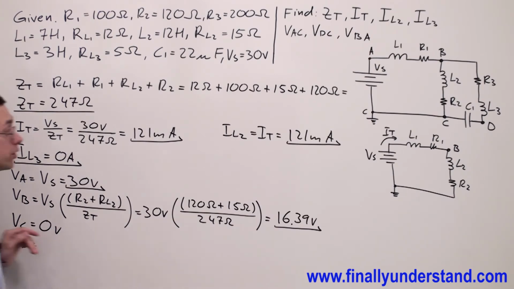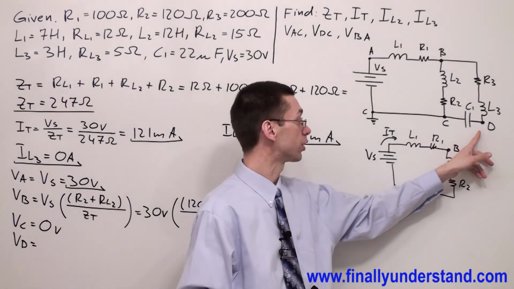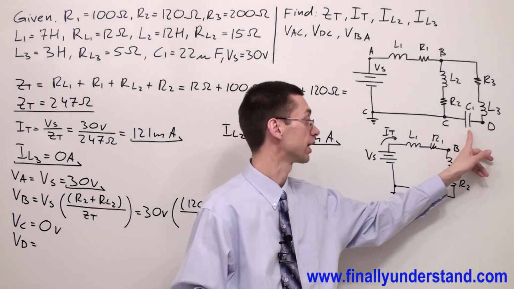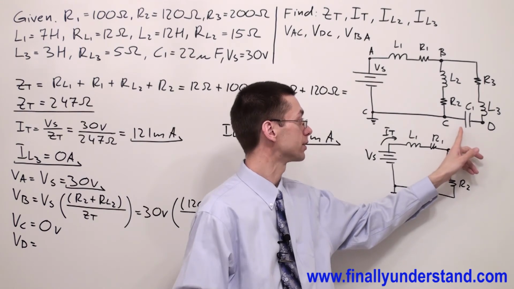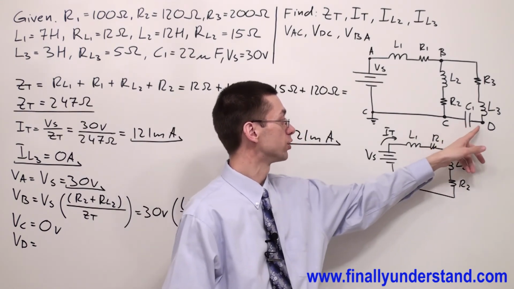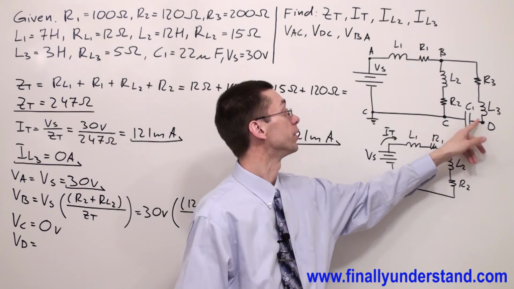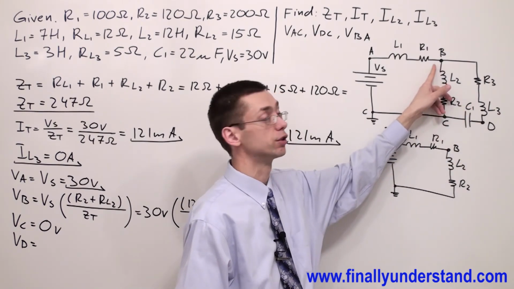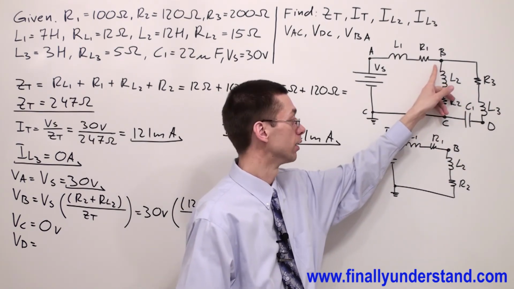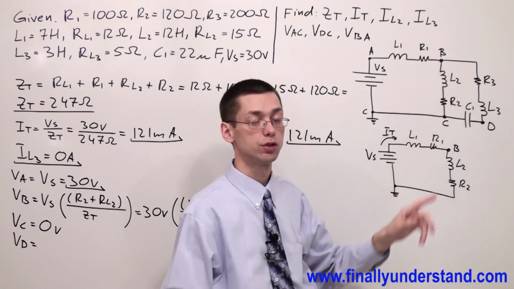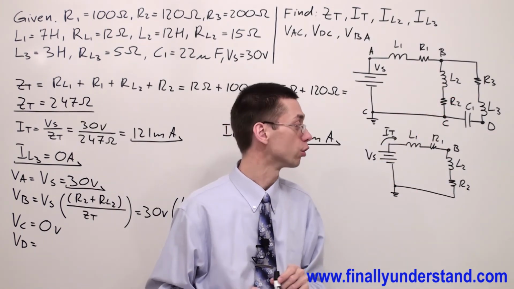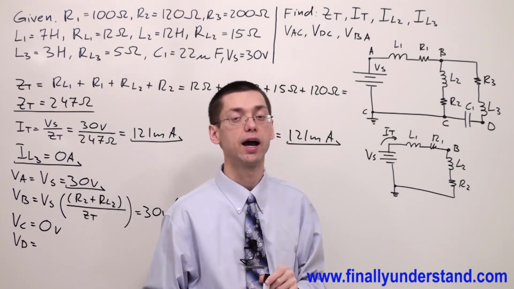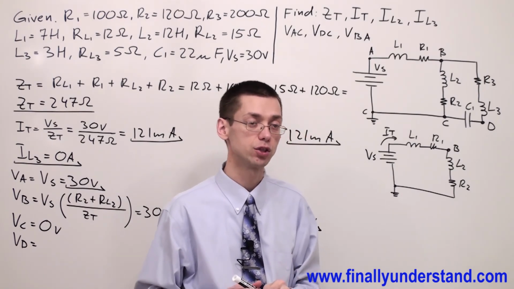Voltage at point D. Because the capacitor behaves like an open circuit, you're supposed to realize that the voltage at this point is going to be equal to the voltage VB. Why? Because the highest voltage is always going to concentrate across the highest impedance in the circuit.